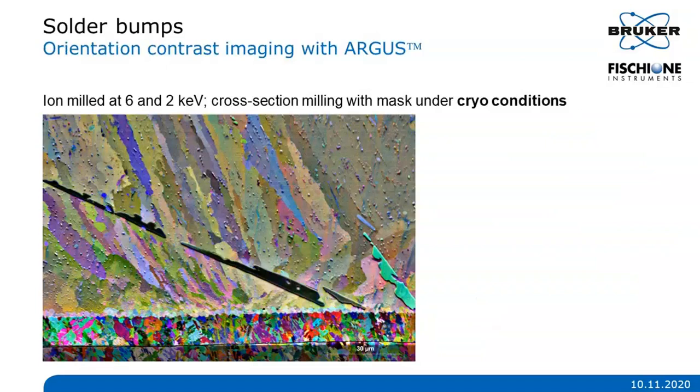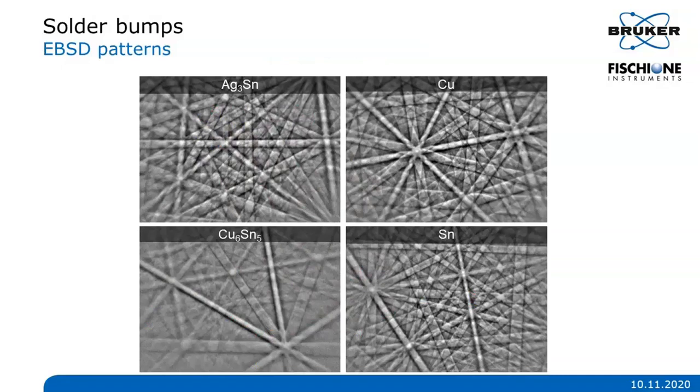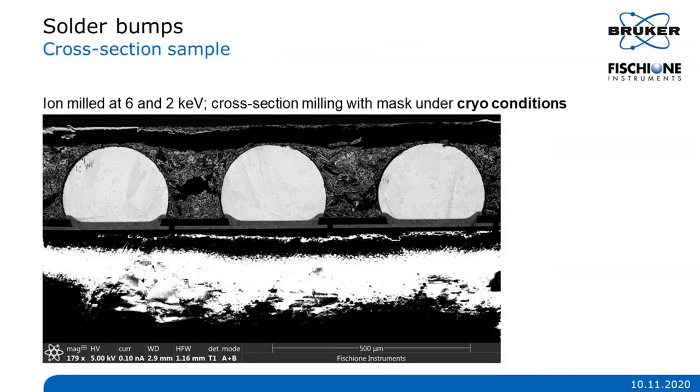So if you look at that example, we remove basically the damage and scratches from the sample. This is a cross-section, so there are no scratches, because this is a cross-section sample. In the case of a cross-section sample, the solder bumps are never polished mechanically.